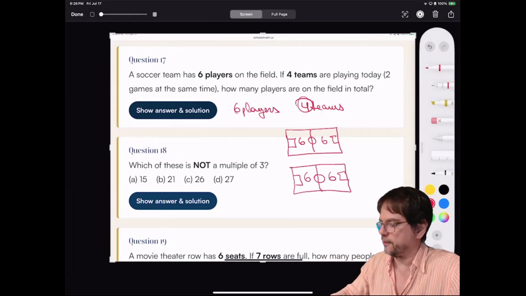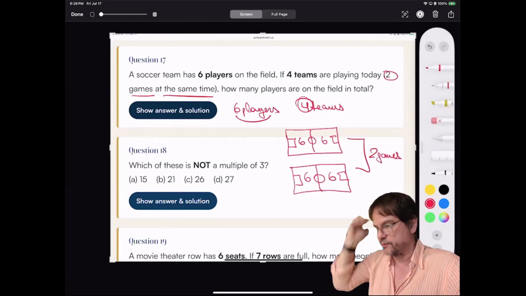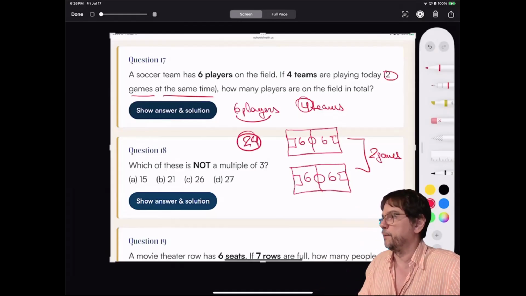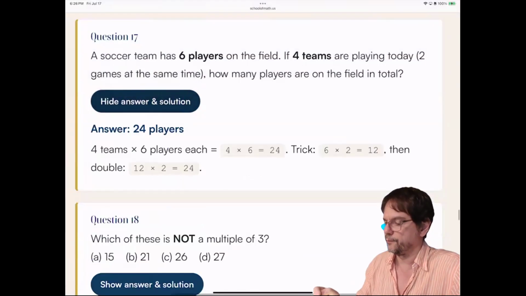So you have 4 teams, 6 players each, playing today. 2 games at the same time. How many players are on the field total? 6 times 4. 24. Is that okay? Do you agree?